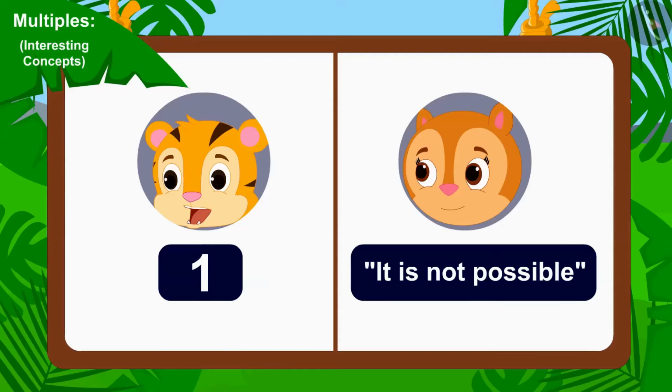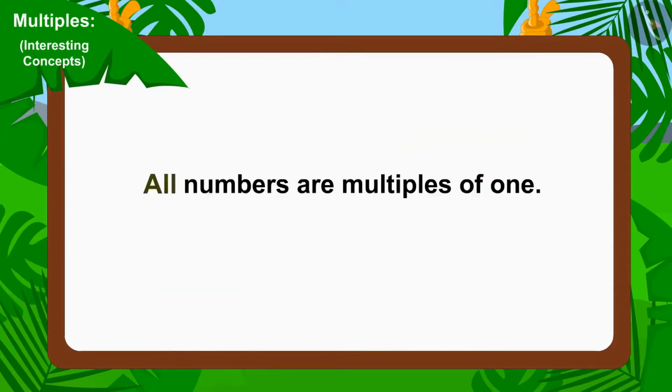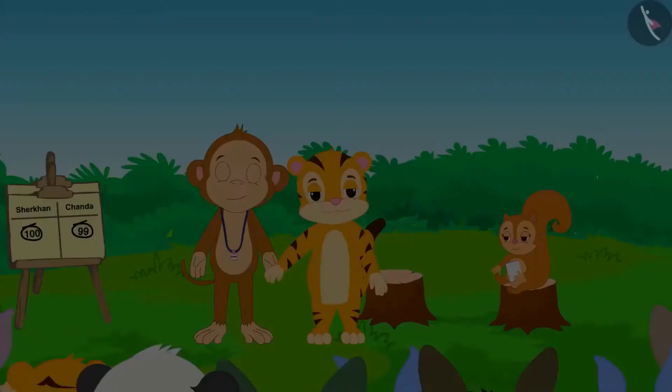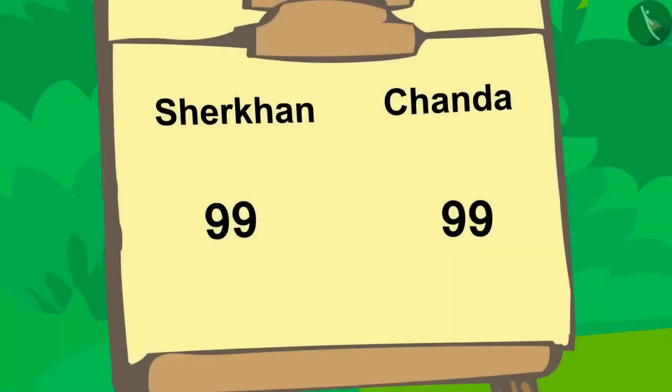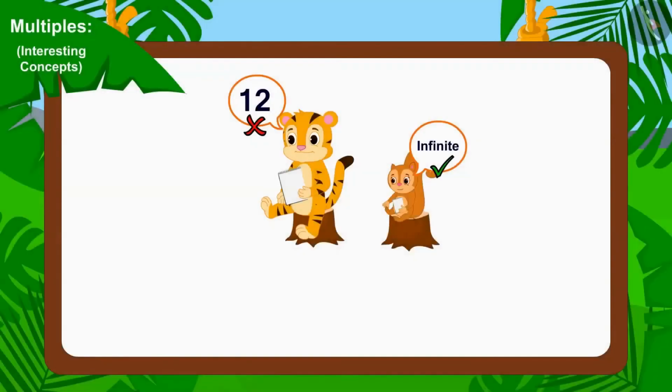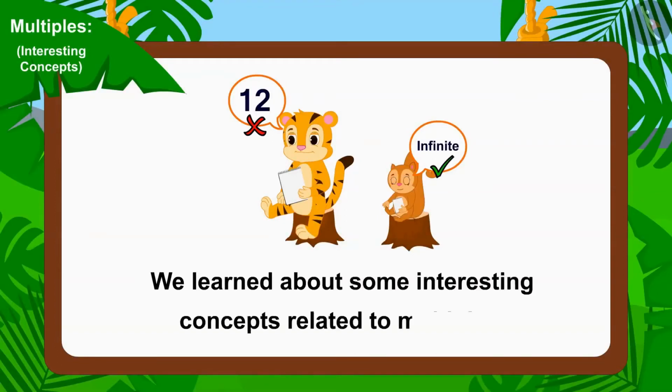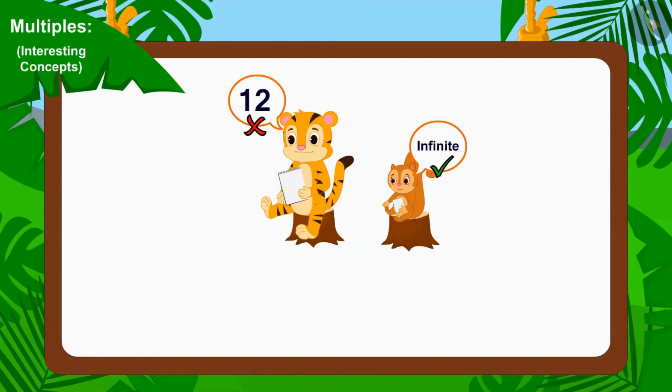Sher Khan's answer is absolutely correct, that all numbers are multiples of 1. With this, Sher Khan won the competition by going 1 point ahead of Chanda. Children, in this video, we learned about some interesting concepts related to multiples.